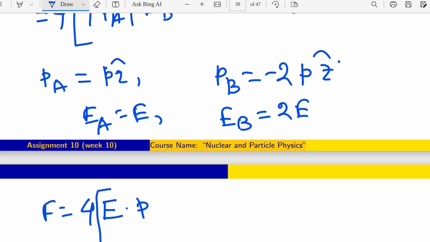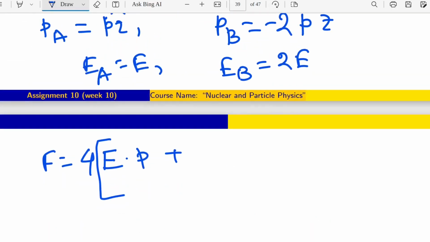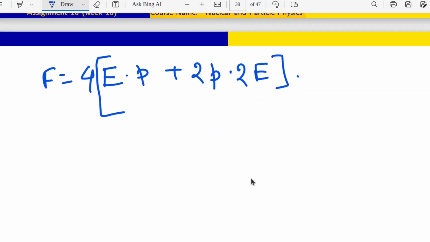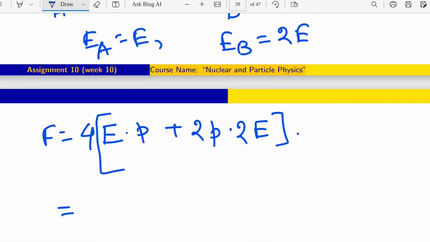Then plus mod PB into EA. Mod PB is 2P, and EB is 2E. And EA is only E.